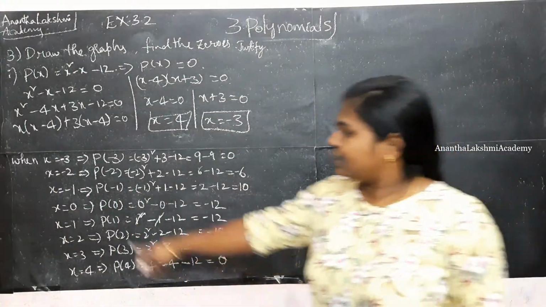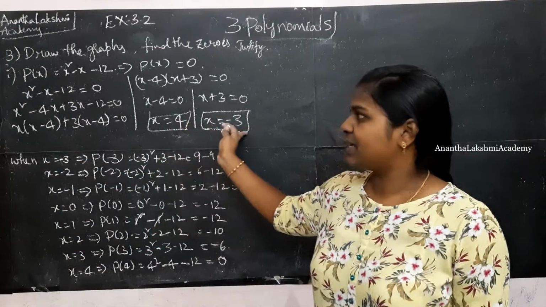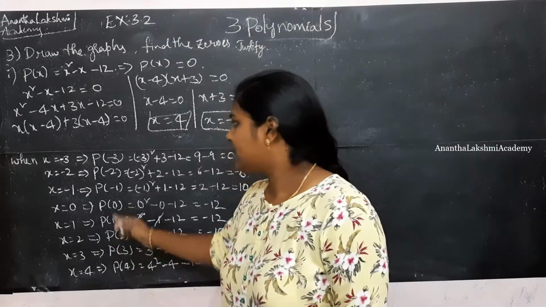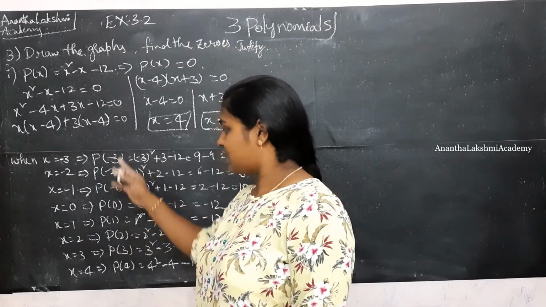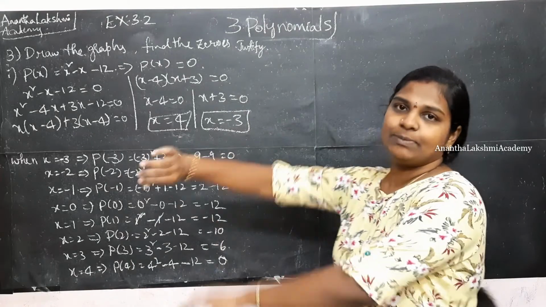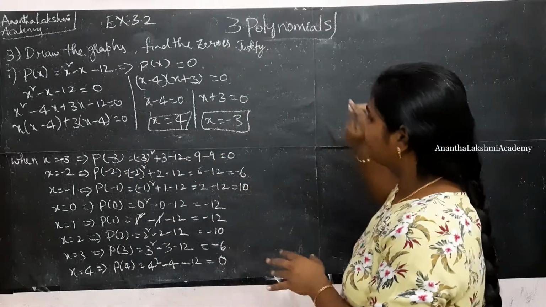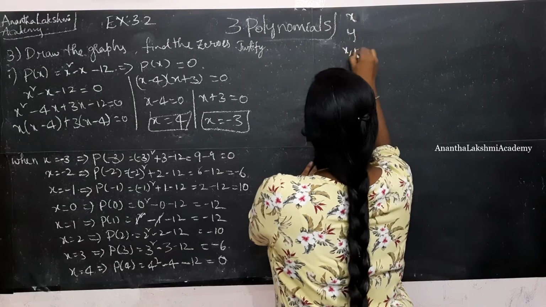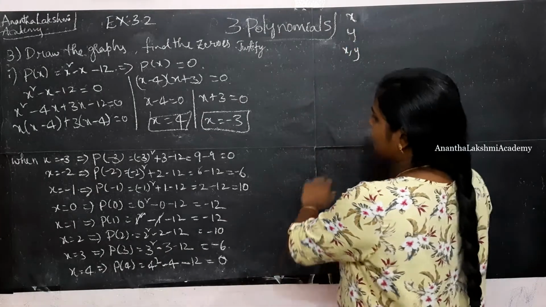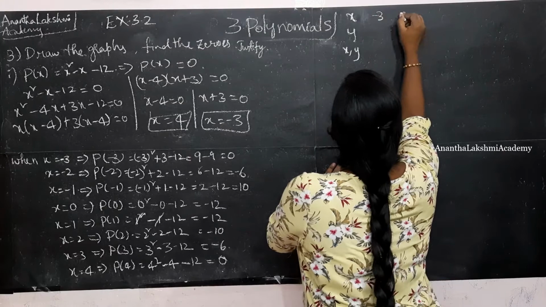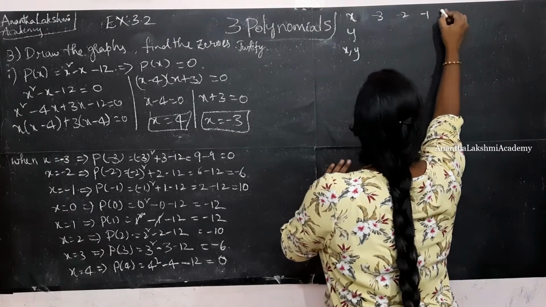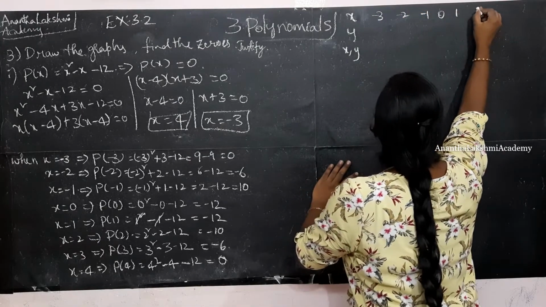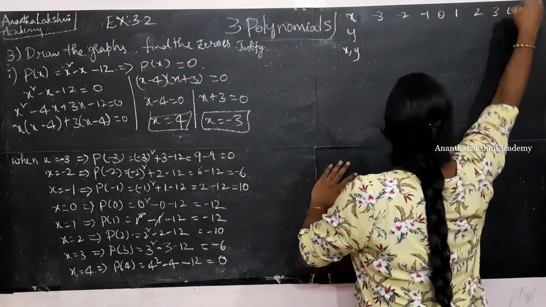So we got x values from here by solving, and we got the corresponding y coordinates, which are nothing but p of x values. So let me draw a box for this. x, y, x comma y. x is minus 3, minus 2, minus 1, 0, 1, 2, 3 and 4.